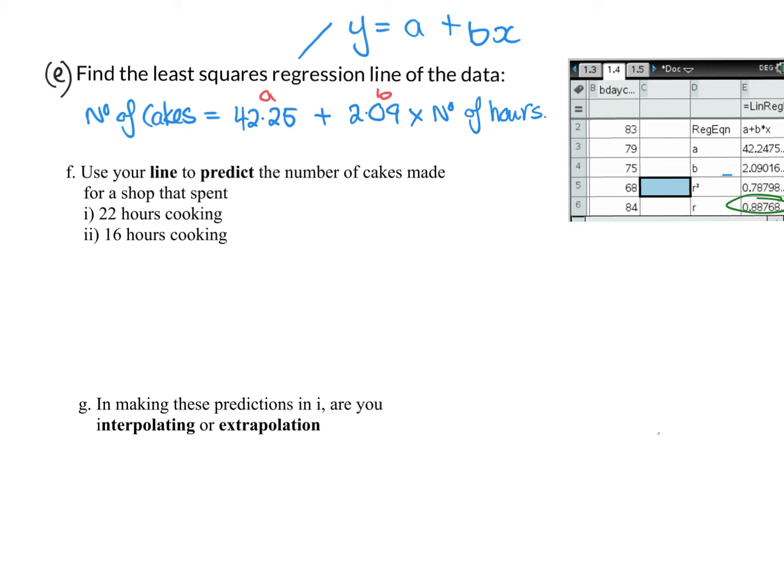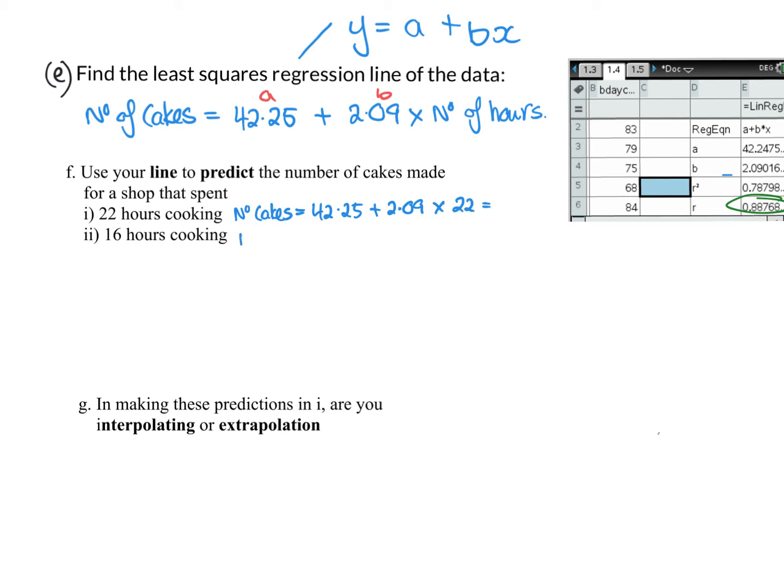Now when they ask you, use the line to predict the number of cakes, that's where we're going to use this formula. So for this first one here, the number of cakes would equal, and then you just use your formula. So it'd be 42.25 plus 2.09 times 22, and you'll get an answer. So let's go do that on the calc.